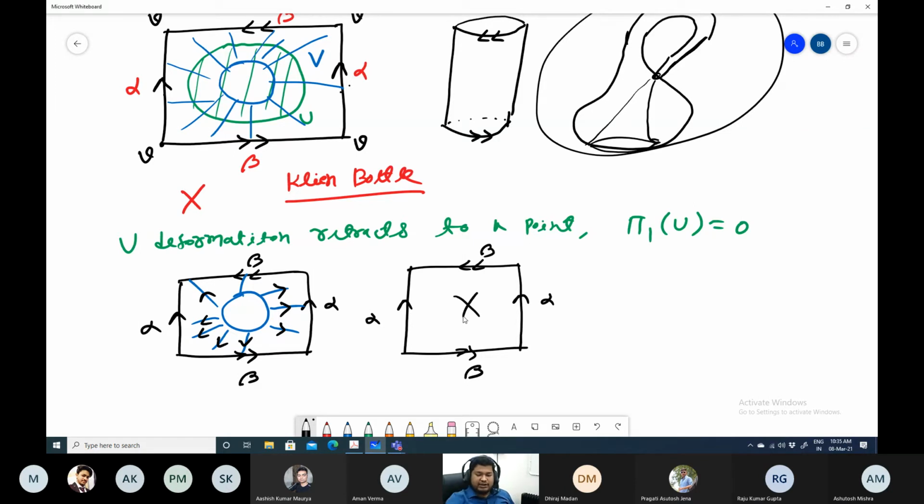There is no interior, it is just these four edges with some identification. Now you have just four edges and you are identifying this alpha with this alpha. If you first identify alpha, then that is the same as saying you have a circle here and you have a circle. Now this is your alpha and this is your beta.